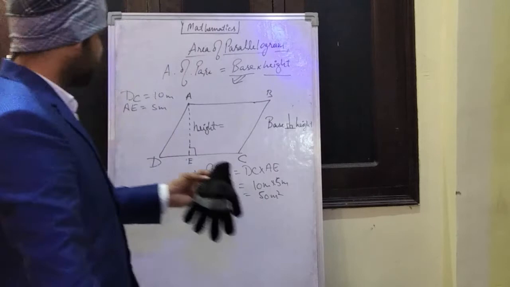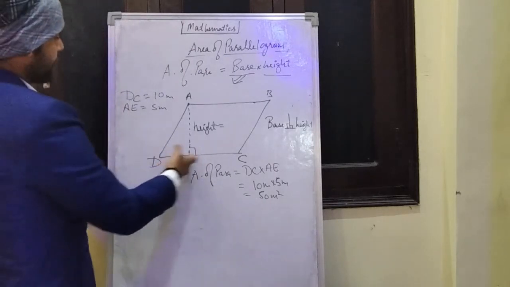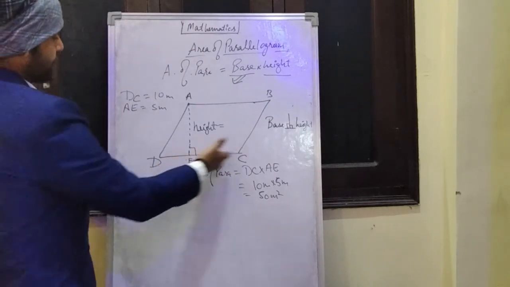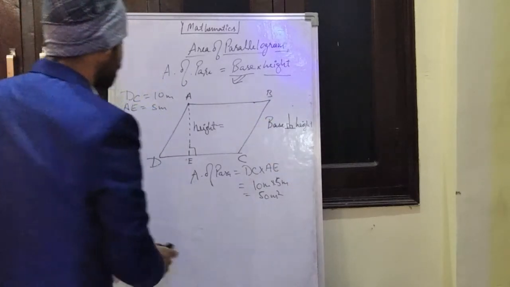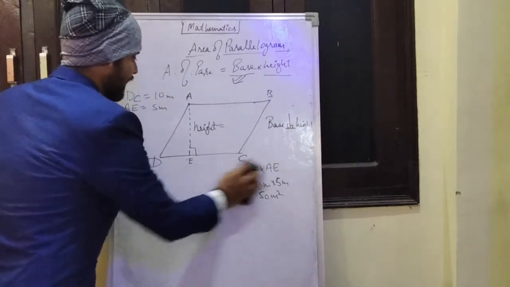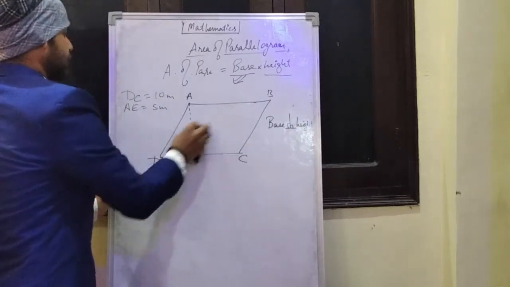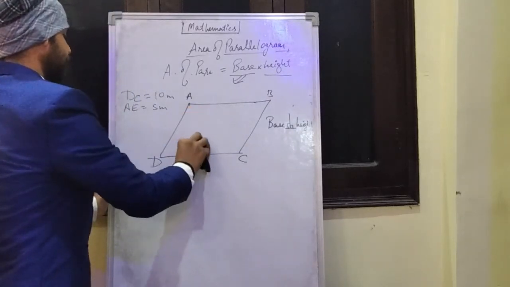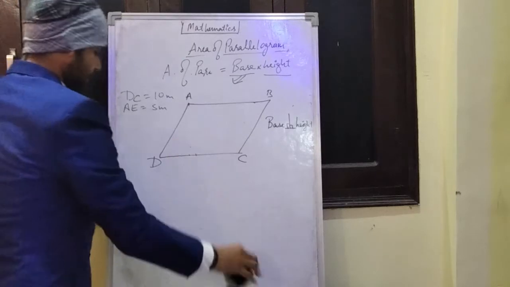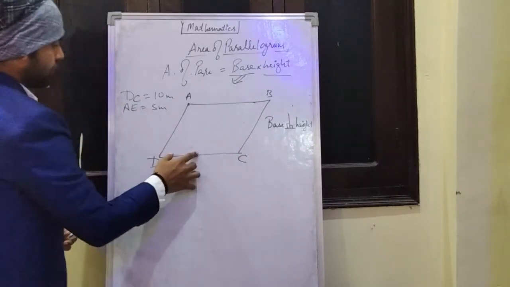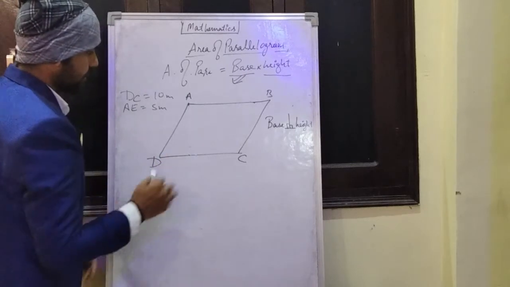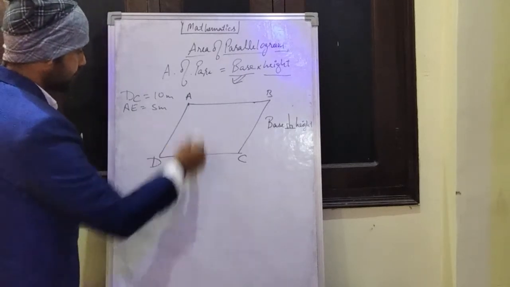Now if I say that I don't want to take this DC as a base, I can take BC also as a base. So let us try to draw the height for BC, taking BC as a base. If I take this BC as a base, I should know the height. Now see, please don't consider the height as only a vertical line.